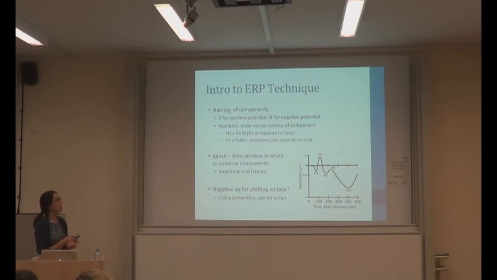Naming of components, there's some inconsistency for this in the literature. So very simply, P is for positive and N is for negative. And the number either refers to the order of the component or the latency of the component.